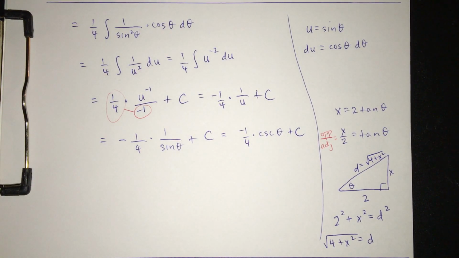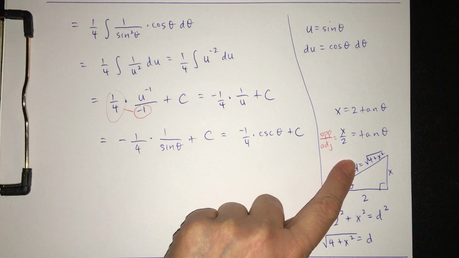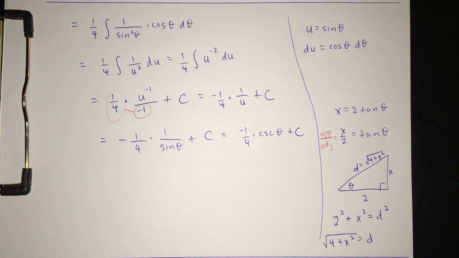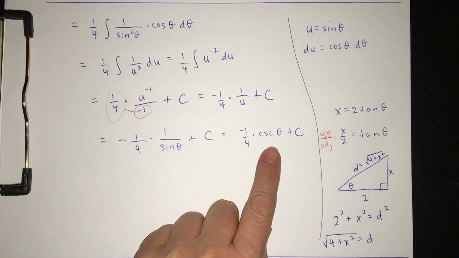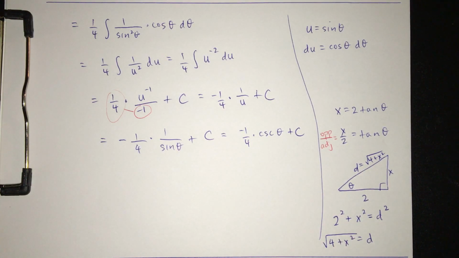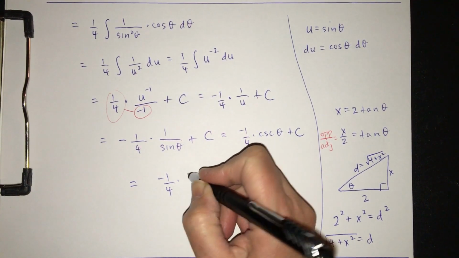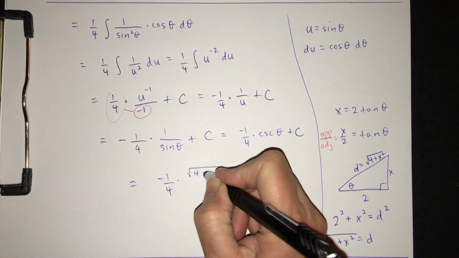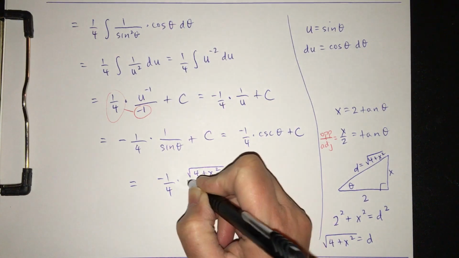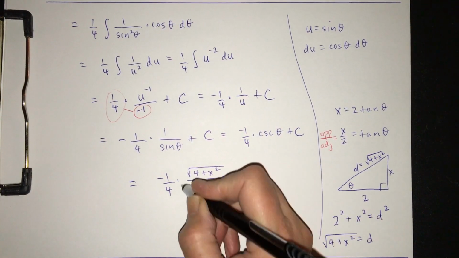Cosecant is the reciprocal of sine. Sine is opposite over hypotenuse. So cosecant will be hypotenuse over opposite. So I'll have negative 1/4 times the square root of 4 plus x squared, hypotenuse over opposite, plus c.